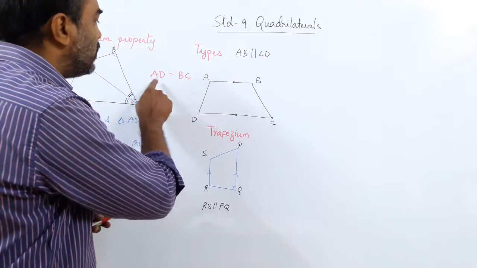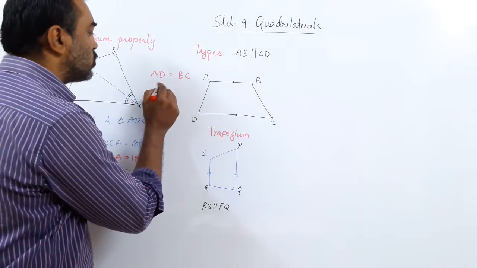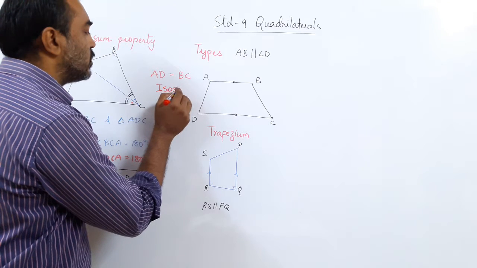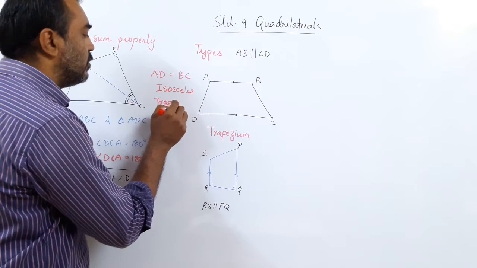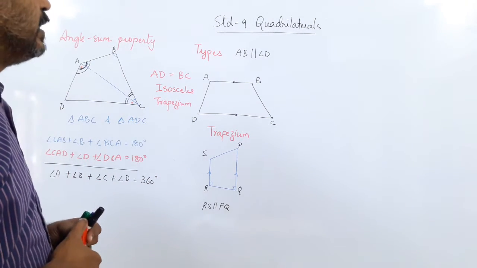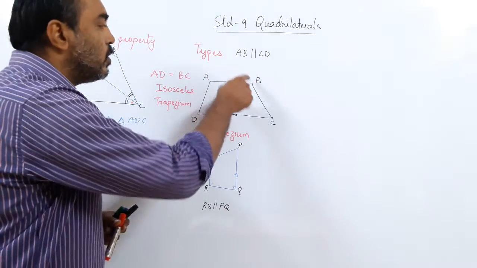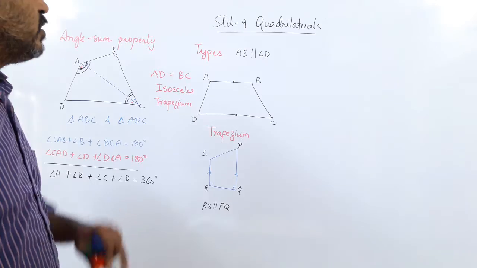But if the non-parallel sides are equal, then this trapezium is called an isosceles trapezium. So remember the names. When they write the words isosceles trapezium in a sum, it will mean that the non-parallel sides are equal.